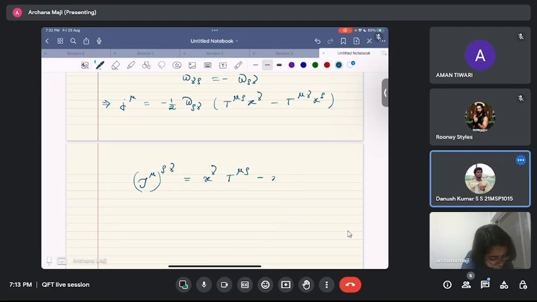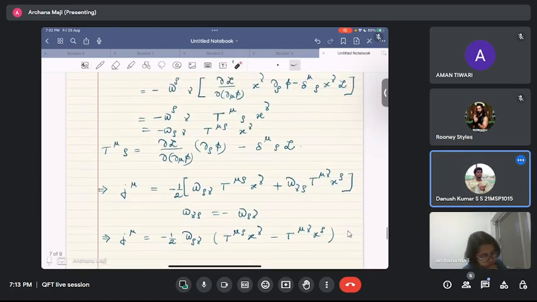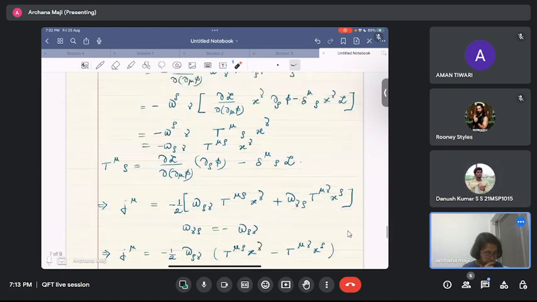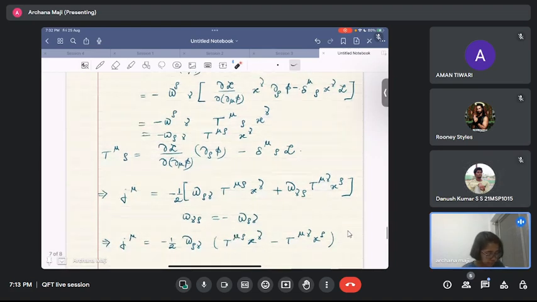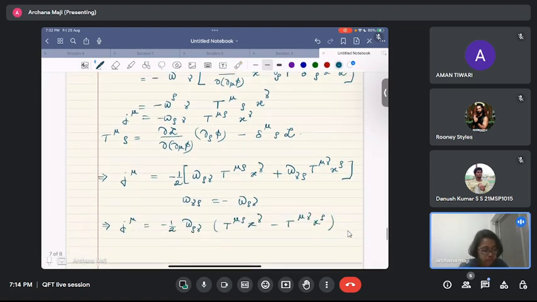Can you please explain the last 2 steps? Okay, so this was J mu, the same term I'm writing again here. See, mu rho is getting summed up, nu is also getting summed up, so these are dummy indices.